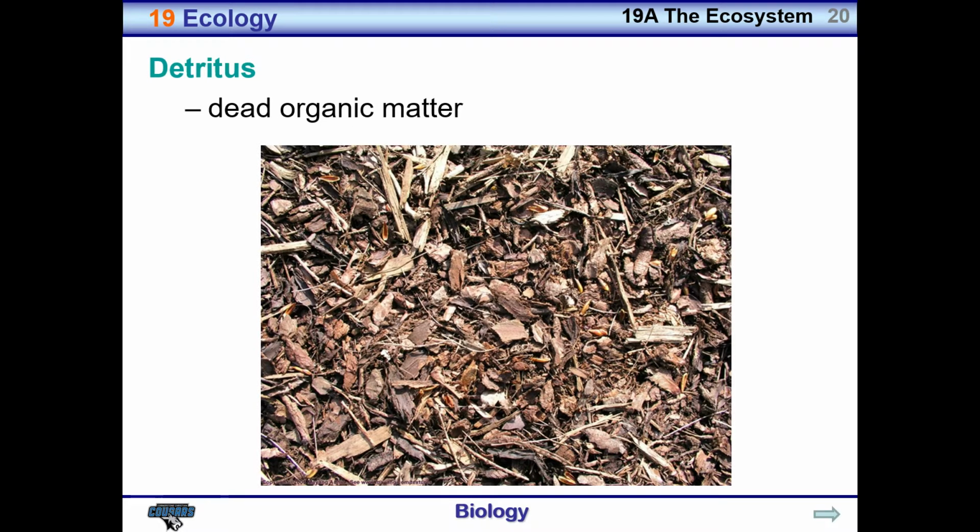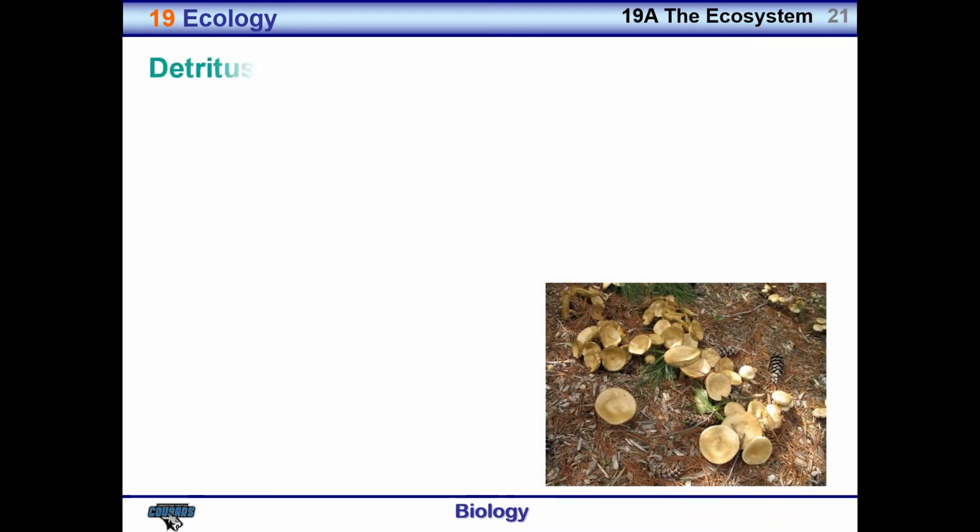So the next term that we need to define is detritus. This is the dead organic matter that you would find on the ground, mostly on the ground. This could be dead plants or animals or anything like that. All that would be detritus. And of that detritus, there's actually a food chain within that.